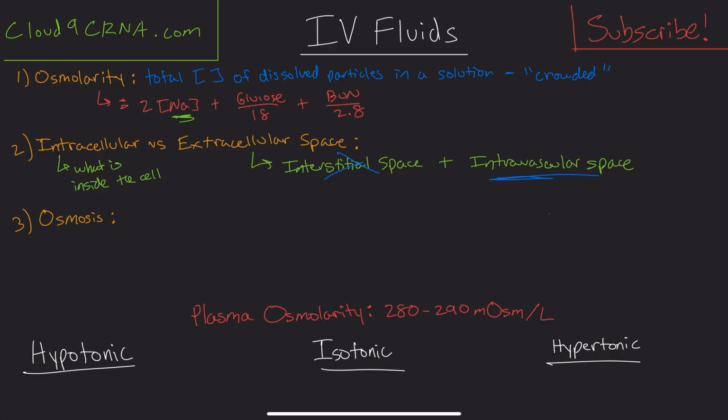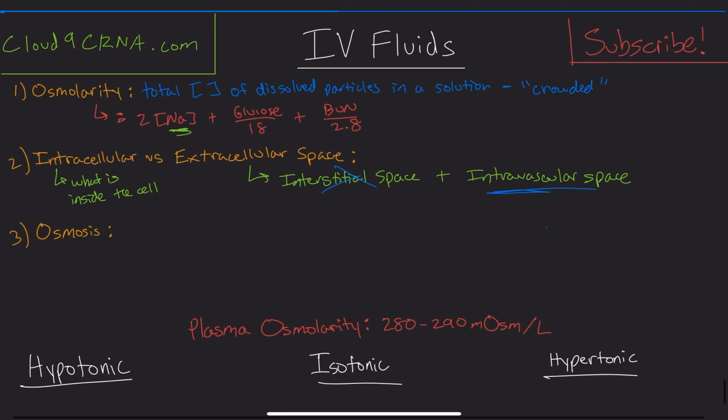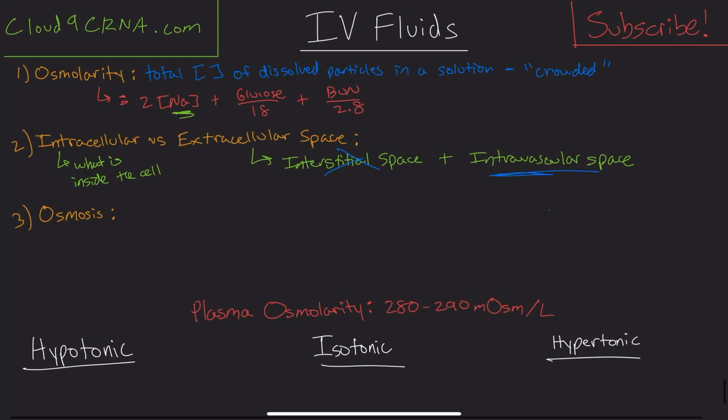Okay, the last one is osmosis. Really there's 2 ways you can try to define osmosis. The simplest way for me is to think of it as just the movement of water from an area of low solute concentration, which here we just said is sodium, to high solute concentration.